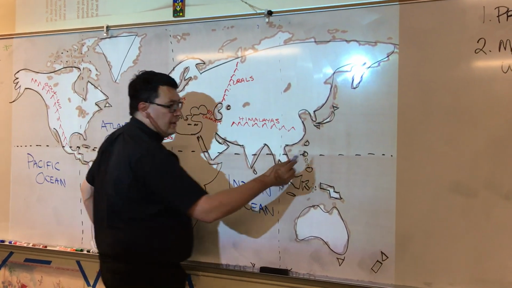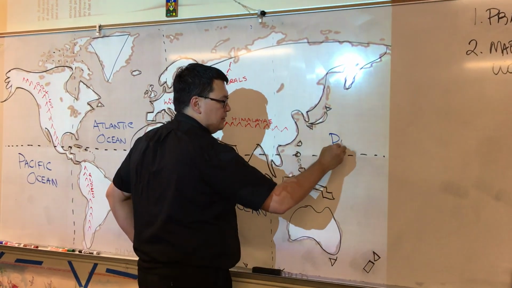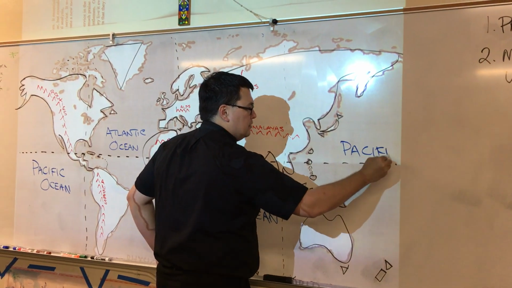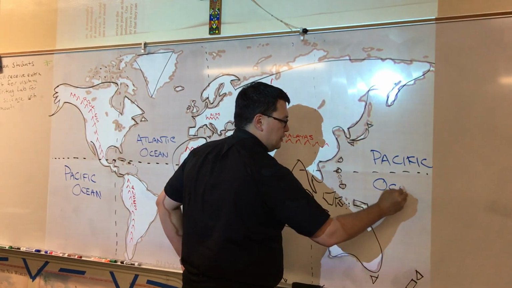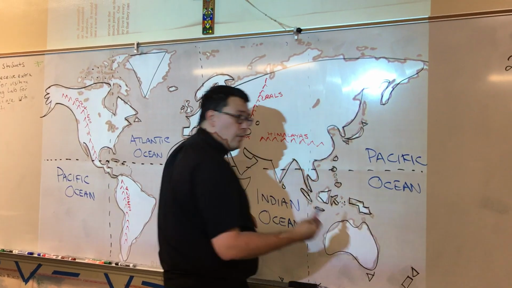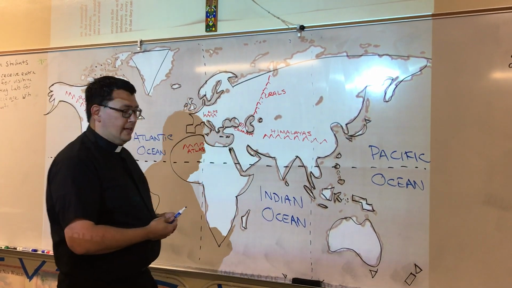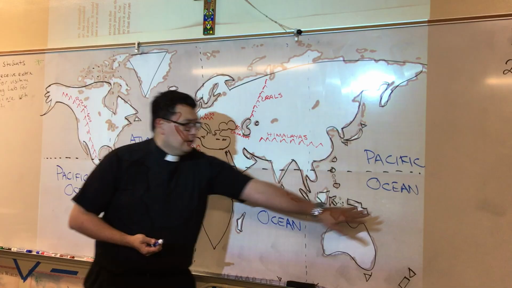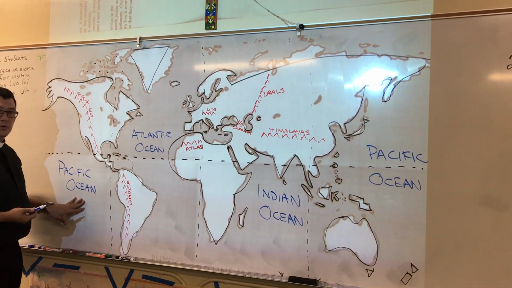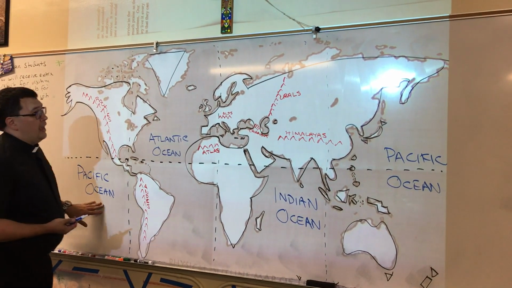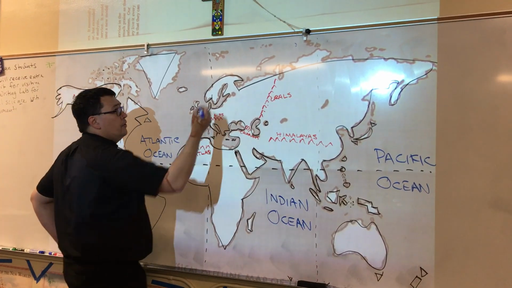And we finally end up back here. To be specific, it is also the Pacific Ocean. So remember, this is a round globe on a flat surface. So the Pacific is here, Pacific is also over here. And the last ocean of the world is in the north.